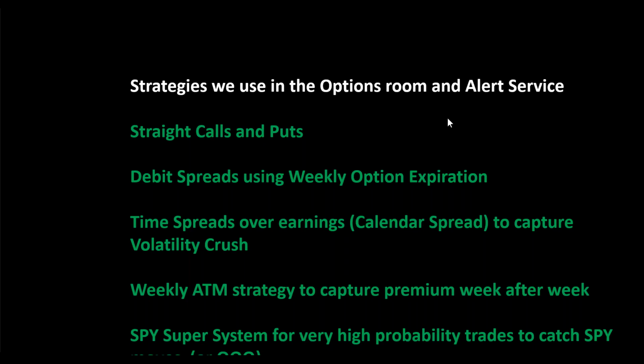All right, so we want to go over the strategies that I use in the trading room, in our options room, and the alert service. When you get an alert, it's going to come with one of these types of trades. We use options, but you don't have to. If you see a trade come through, for example long Microsoft, and I'm buying calls on Microsoft, you can buy the stock if you want to.